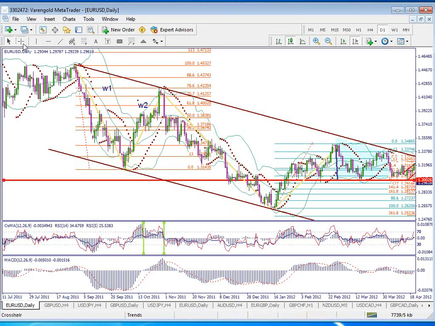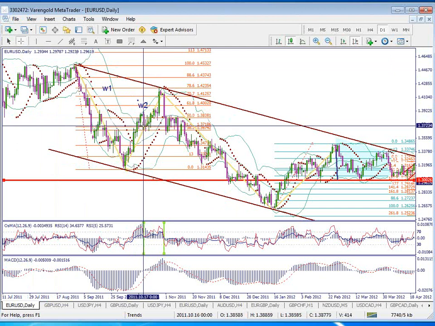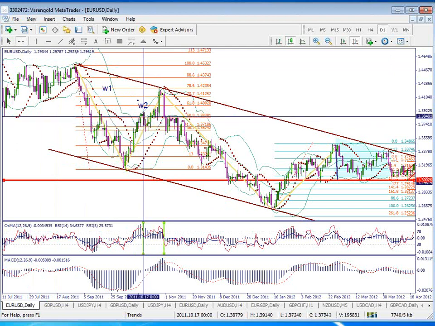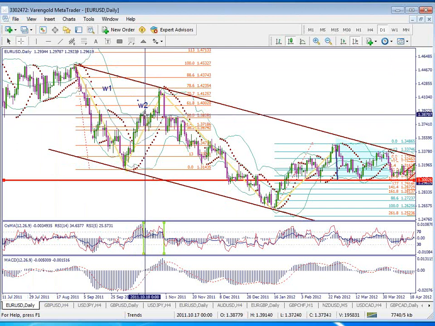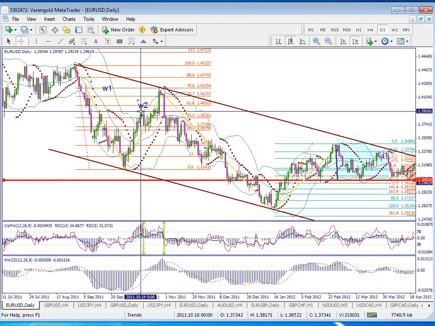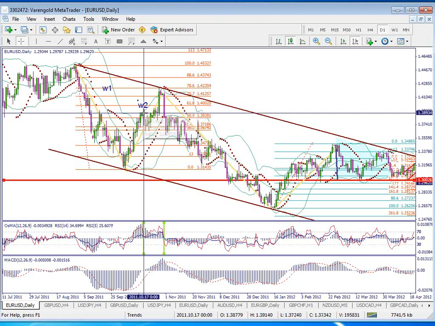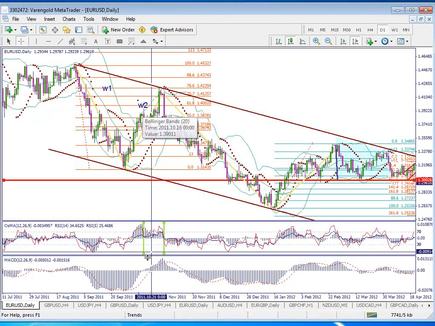Let's check what was the level. You can see here that was a little bit above 50 level. Didn't touch 61.8. So this signal was not valid.